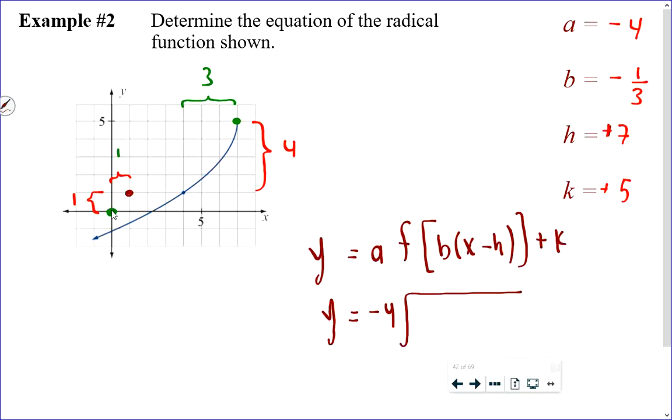B bracket x minus h, negative 1/3, x minus 7, plus k, which is 5. This ending of the brackets here is where the square root function ends. K is afterwards. Any questions with that example?